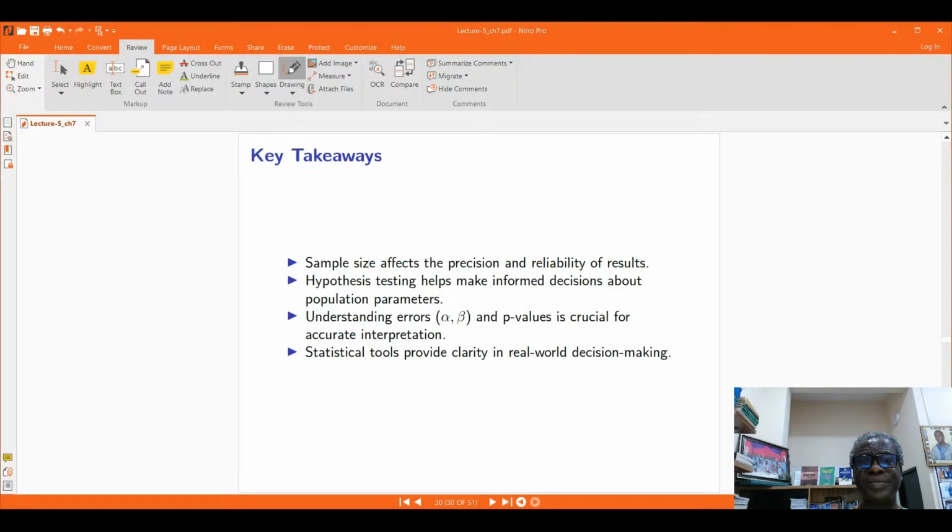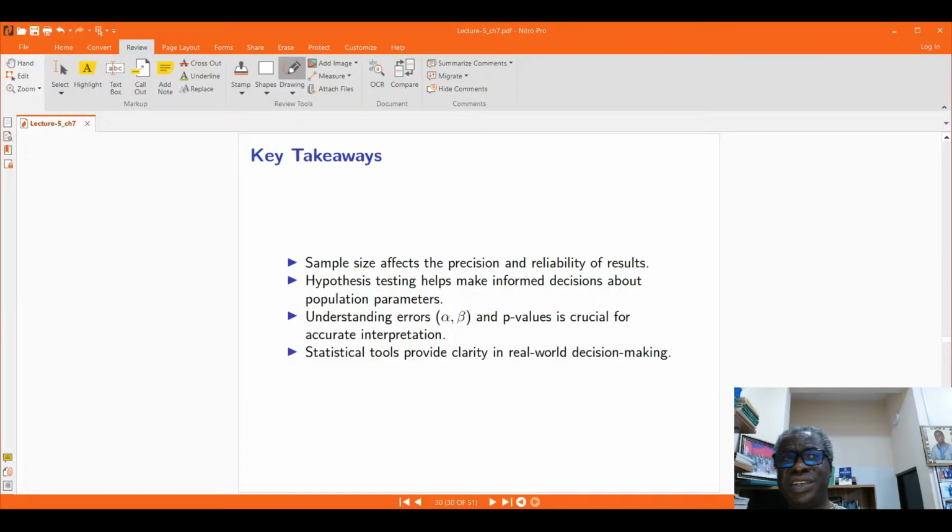We have also seen that sample size affects the precision and reliability of our results, and that is why it's always important to determine the appropriate sample size. We have also seen that hypothesis testing helps us make informed decisions about our population parameters.